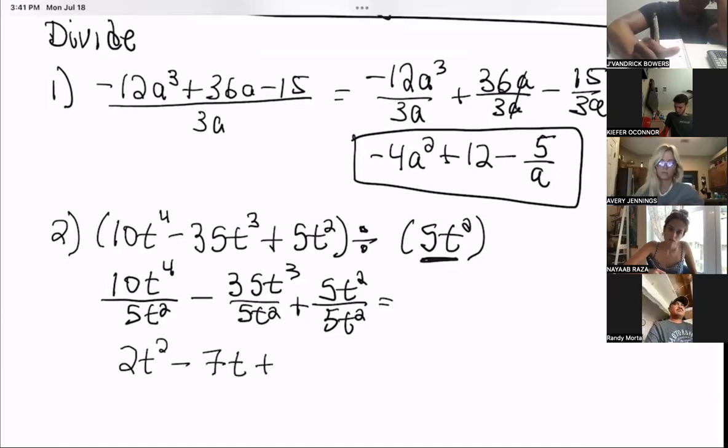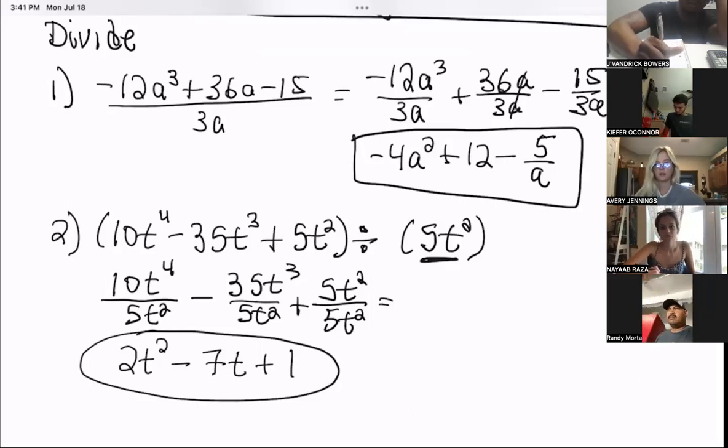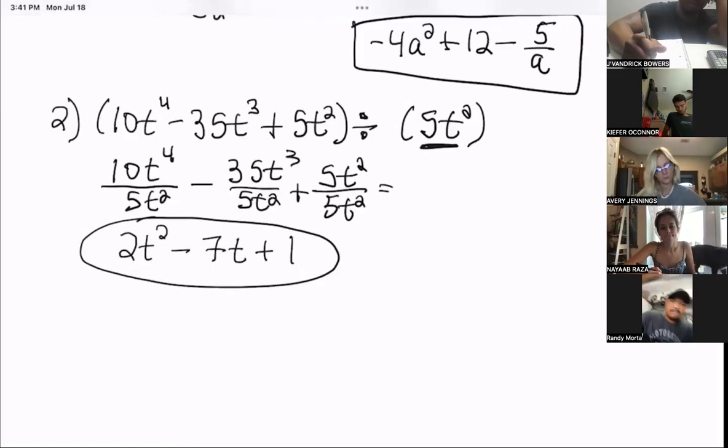And then be really careful of this: I have 5t squared divided by 5t squared, just like a fraction, like 8 divided by 8. 5t squared divided by 5t squared is 1. And then that's my answer. And then we'll do one more dividing by monomials before we get to long division.